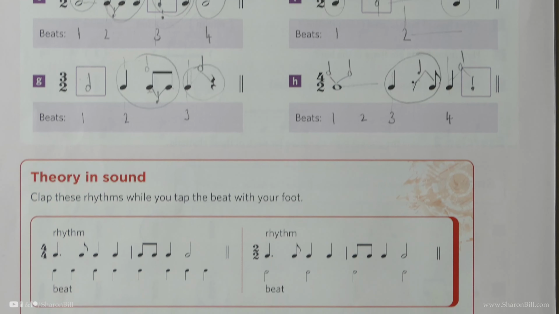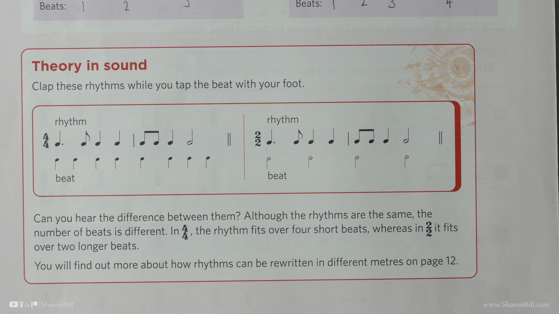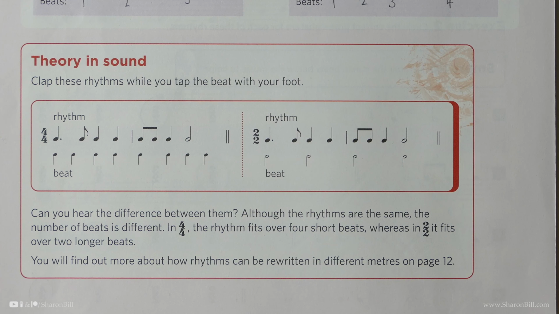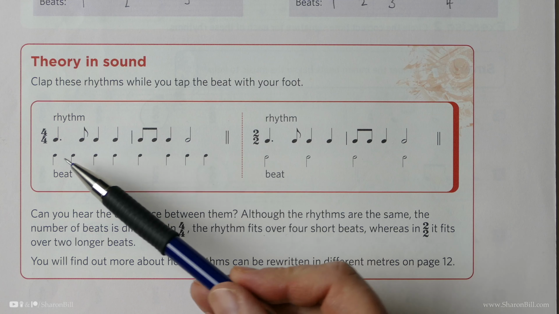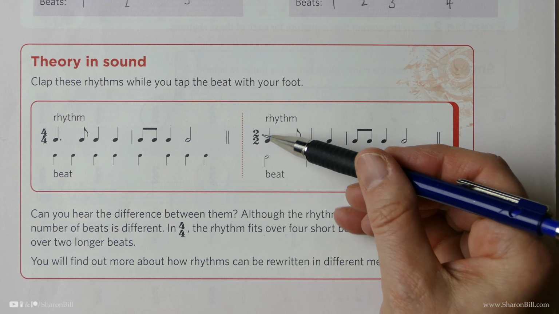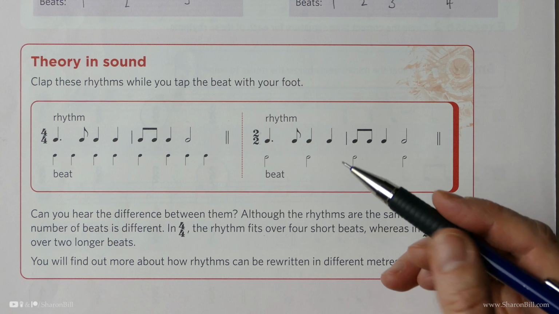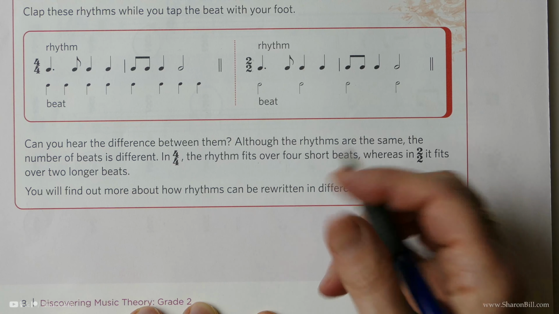And let's just look at this little box here. We get a demonstration, and we've already discussed this actually in a previous lesson, but let's just revise this. Although mathematically 4/4 is the same as 2/2, we count it differently. I'll just diagram that out again.